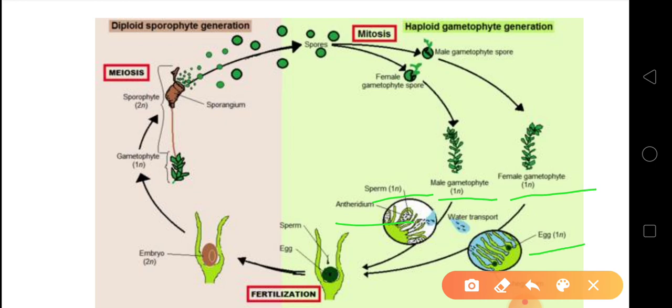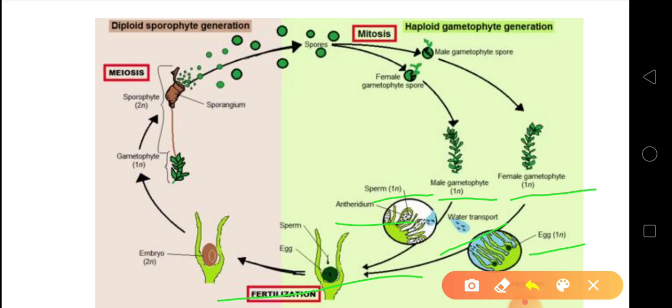So the antherozoid from the antheridium comes in contact with the egg through a medium, that is water. Water is a medium for transportation of sperms to the egg.